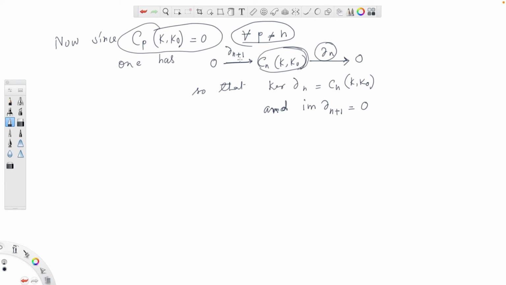So under this map, 0 is mapped to just 0. That's the only possibility.